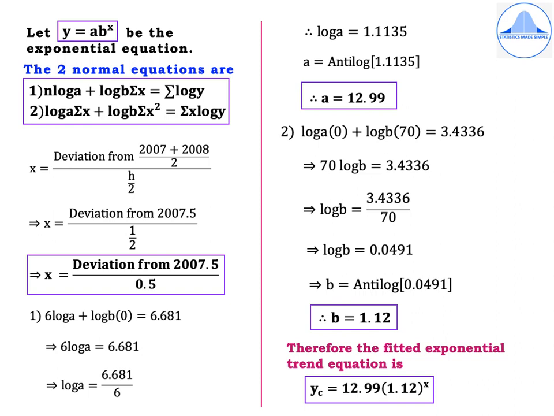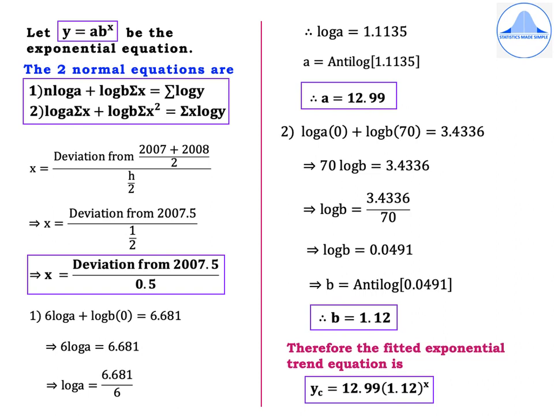So it is deviation from (2007 plus 2008) divided by 2, whole divided by h by 2, and h is the difference between the years, which is 1. So you get x is equal to deviation from 2007.5 divided by half, or x is equal to deviation from 2007.5 divided by 0.5.